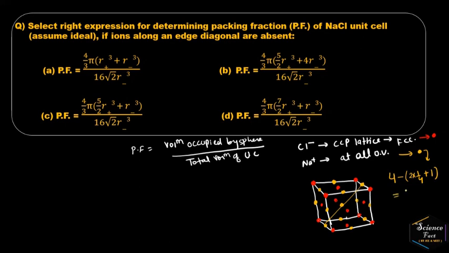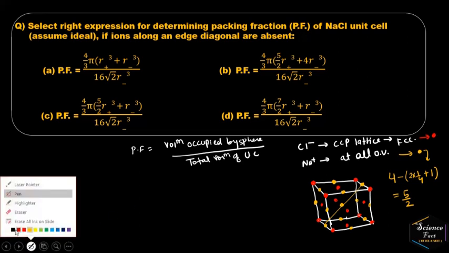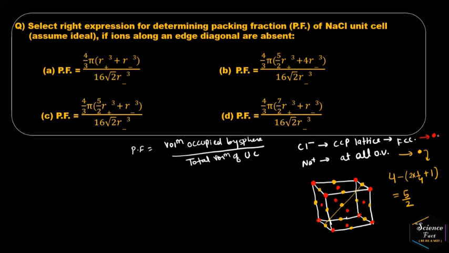This results in 5 by 2, so we have 5 by 2 Na+ ions. However, there is no effect on the chloride ions even after applying this condition, so the effective number of chloride ions is still 4.